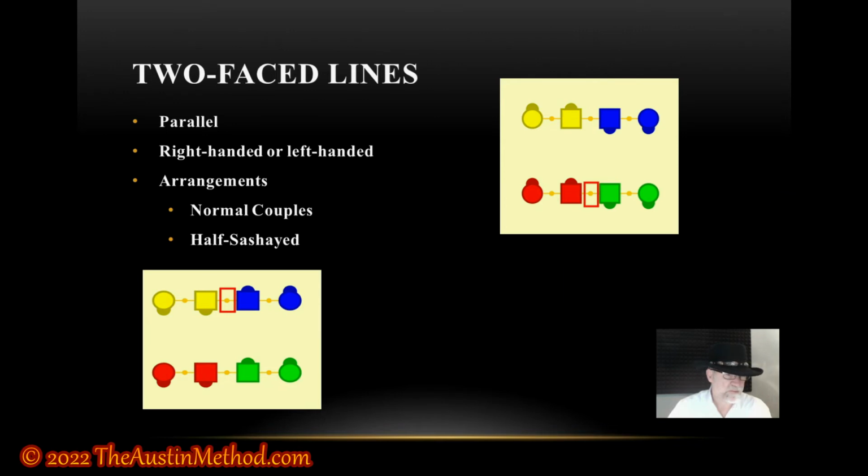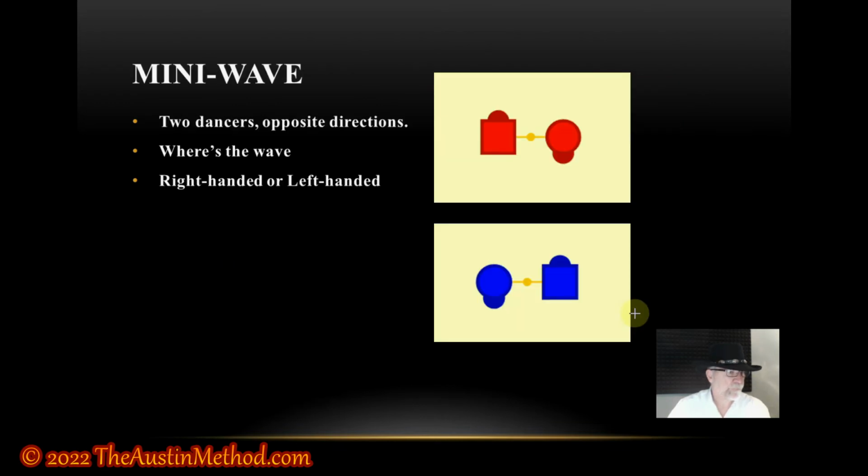And as with most lines, you can have different arrangements. You can have normal couples, half sashayed couples, boy, boy, girl, girl. But notice the couples are tandem in a two-face line. One couple's facing in, and the other couple is facing out.